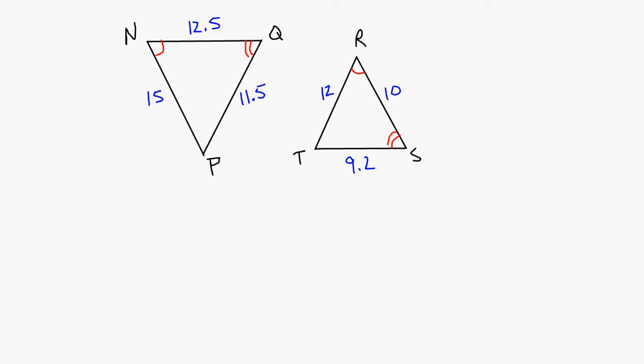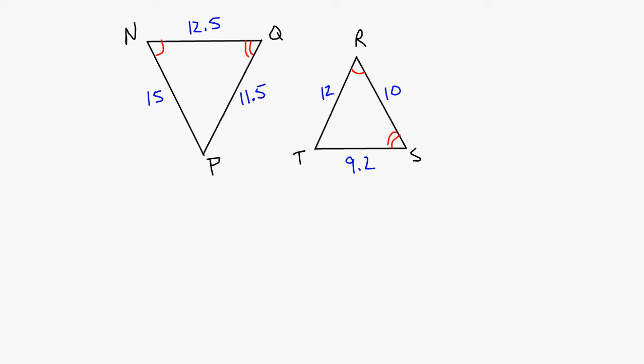All right? Then the second step would be to determine if the corresponding sides are proportional. So if all these angles are congruent, let's write the similarity statement now and then find out if the corresponding sides are proportional.